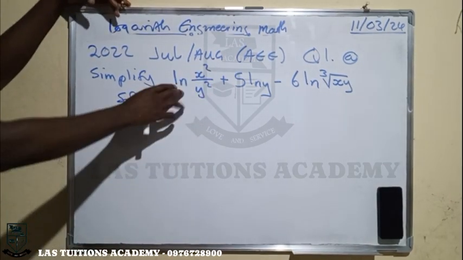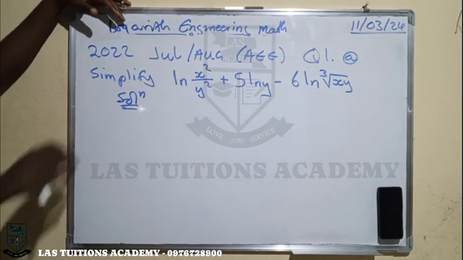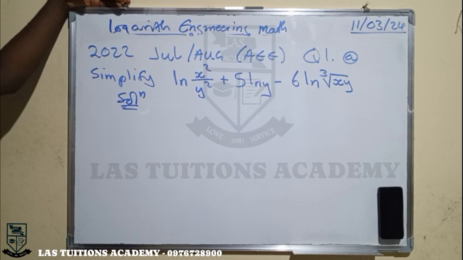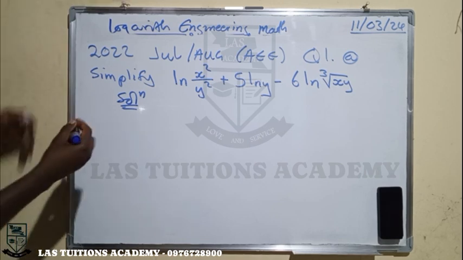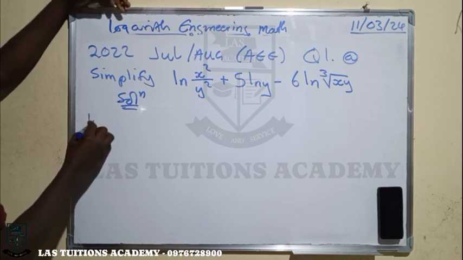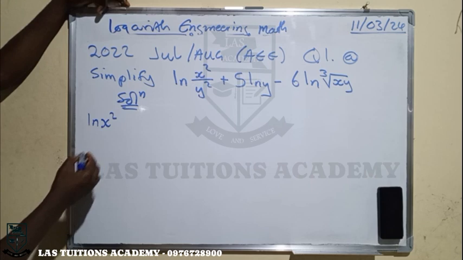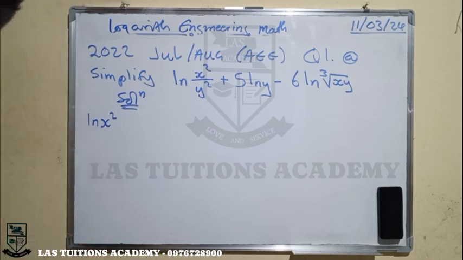How is this going to be when we split it? We are supposed to split it. Quickly, Brandon. So we get natural log x squared divided by natural log y squared. No. Try again.